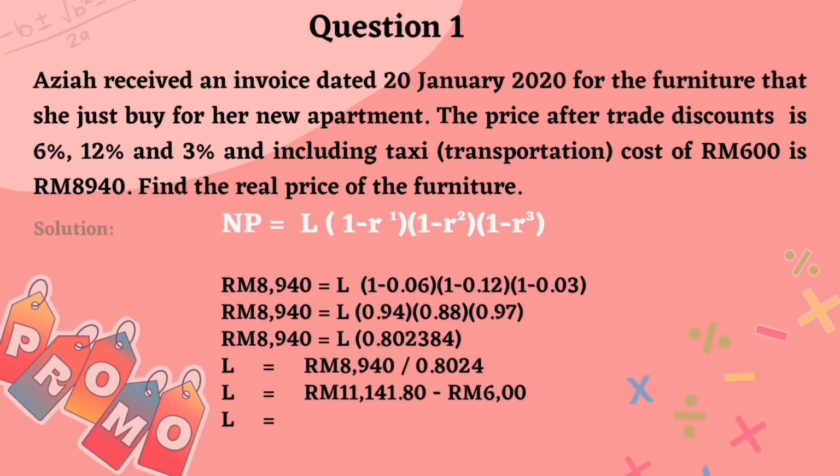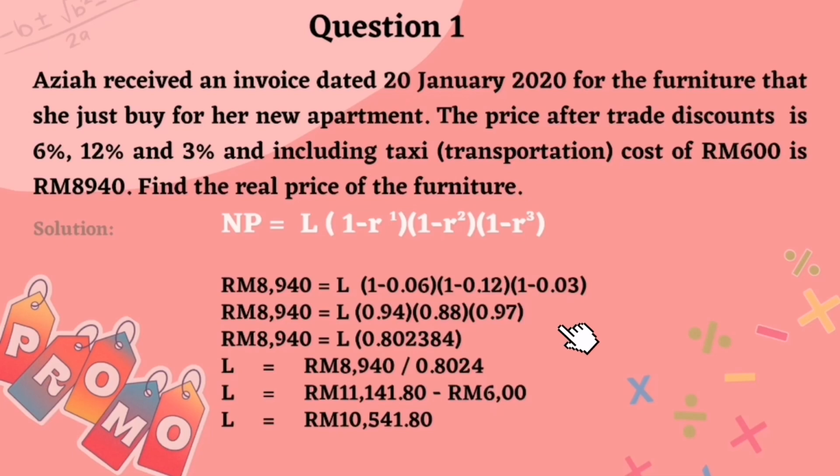Question 1. Azia received an invoice dated 20 January 2020 for the furniture that she just bought for her new apartment. The trade discounts are 6%, 12%, and 3%, and including taxi cost of 600, the amount is RM 8,940. Find the real price of the furniture. For this question, we will use the formula NP equals L in bracket 1 minus R1 multiply 1 minus R2 multiply 1 minus R3.